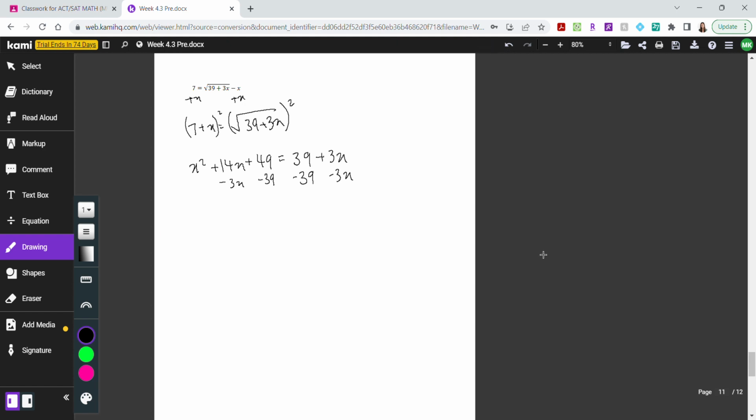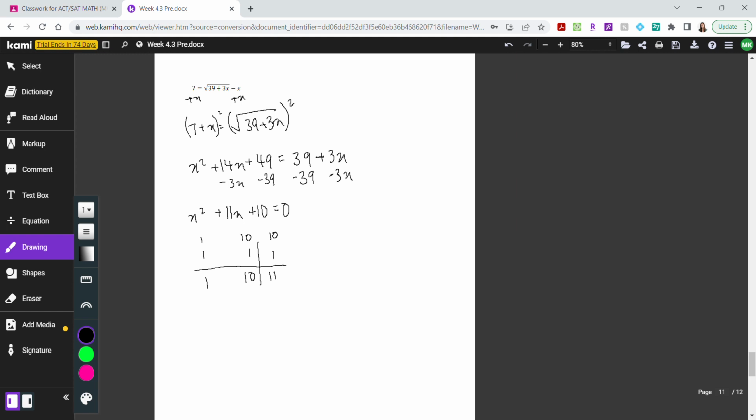All right, so from here, we're going to get x squared plus 11x plus 10 equals 0. Again, butterfly method, trial and error. Let's see.